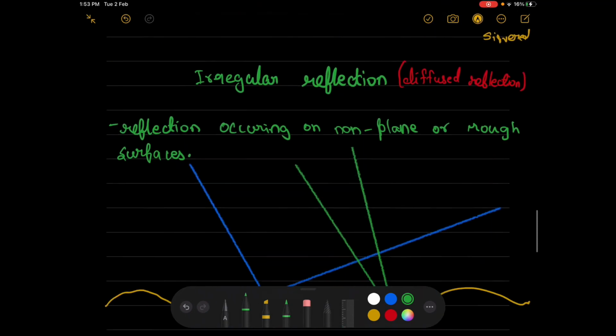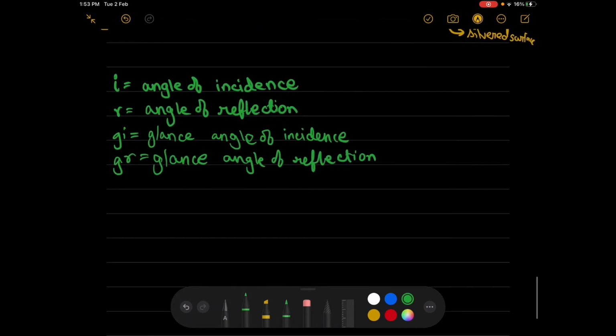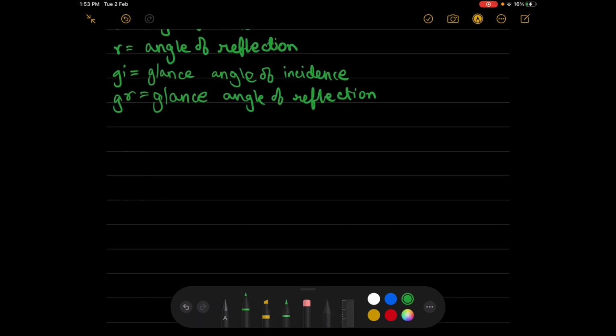Okay, now that we have completed the three major parts, now let's come to the laws of reflection. This is the most important part. Okay, now there are only two laws, two things to be noted.